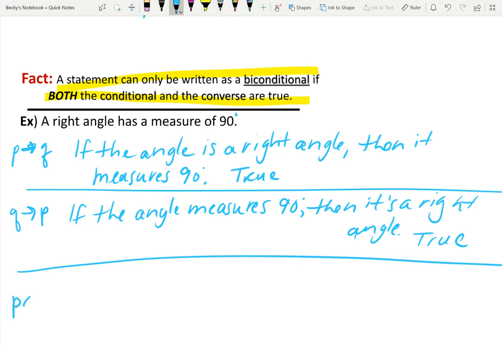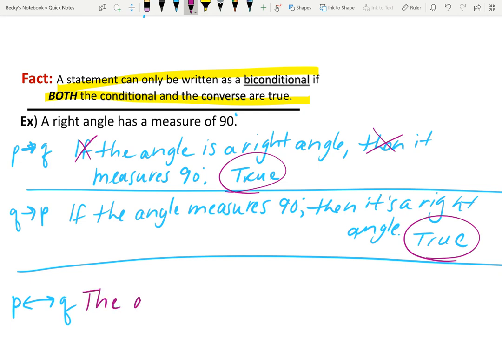Now we're going to write the biconditional form, which is P and then an arrow with double arrows going to the left and to the right, and then Q. Okay, so again, I'm going to go back up to my original. I'm taking off the if, I'm taking off the then, and I'm replacing the then with IFF, which means if and only if. Now remember, you can only write a biconditional if you have a true statement for the conditional and the converse.